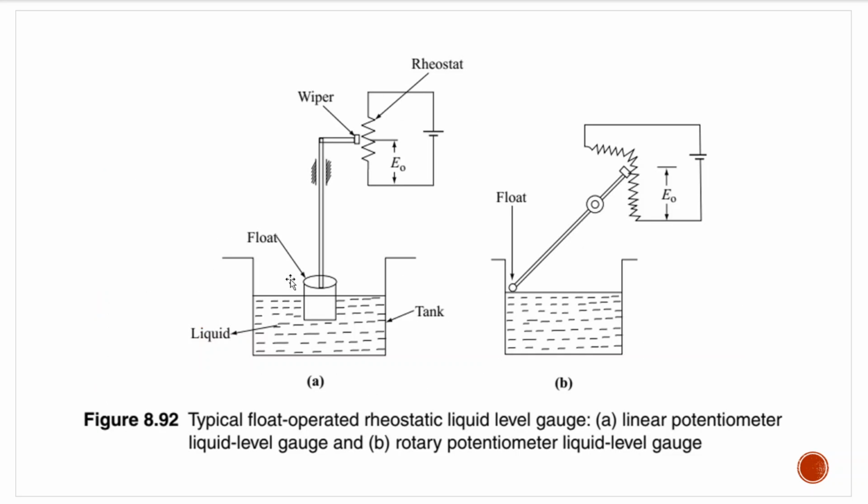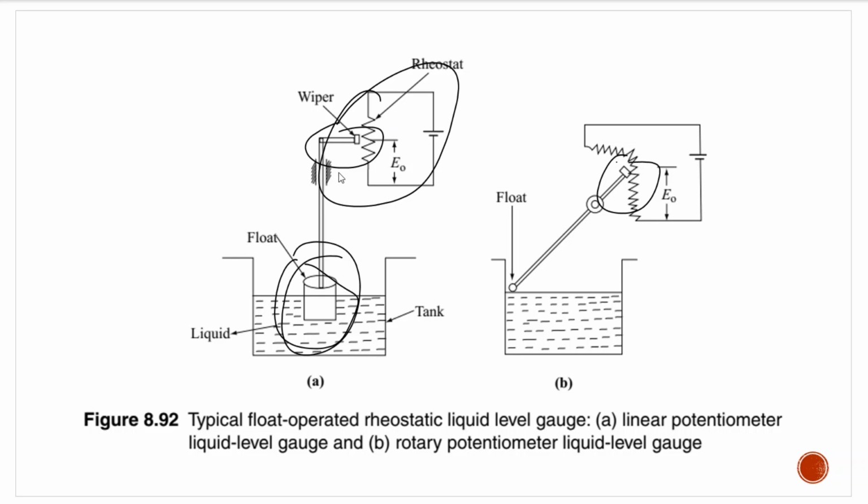We have a float connected to a wiper, in a linear device or in case of a rotary device like this, and this wiper will be moving along this potentiometer. So this is the primary transducer here. This will be the secondary transducer, which can be either a potentiometer or an LVDT, used for measurement of displacement.